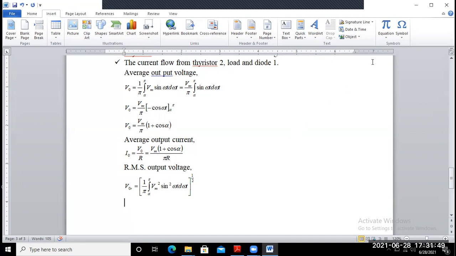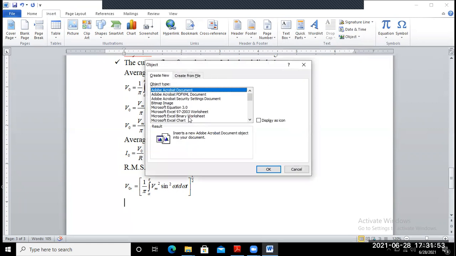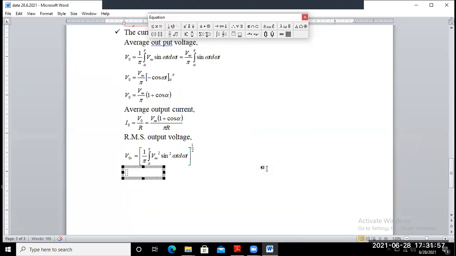V output RMS equal to Vm square by pi. Vm square can be taken outside of the integration.